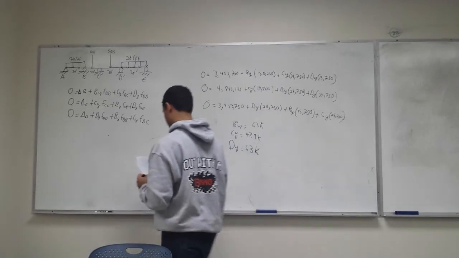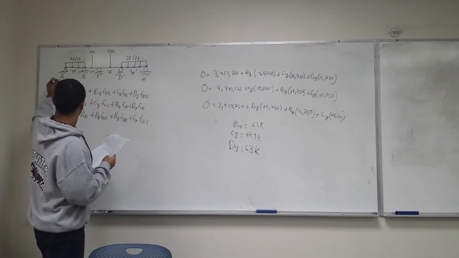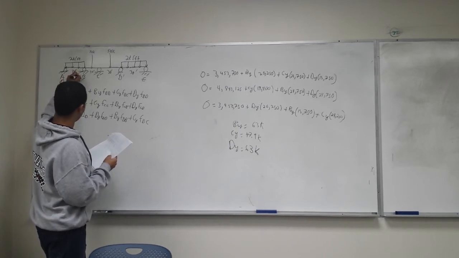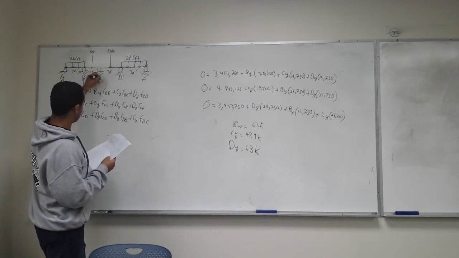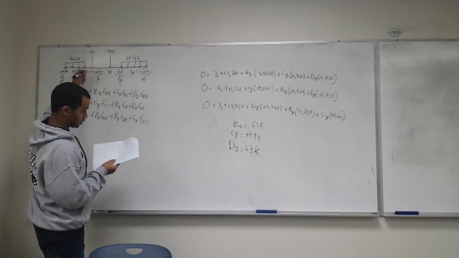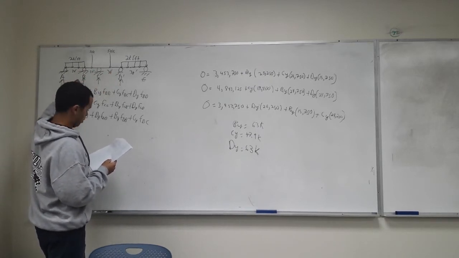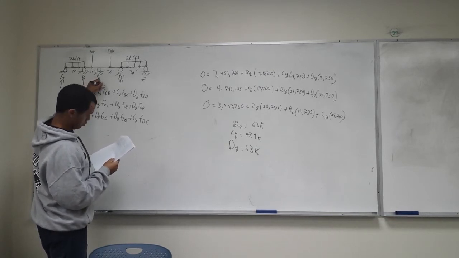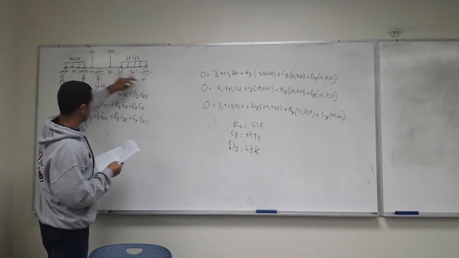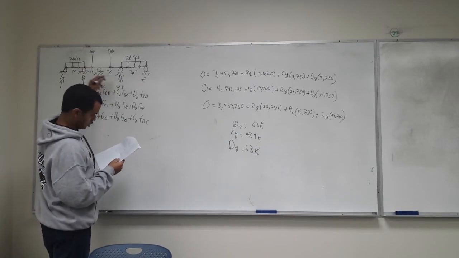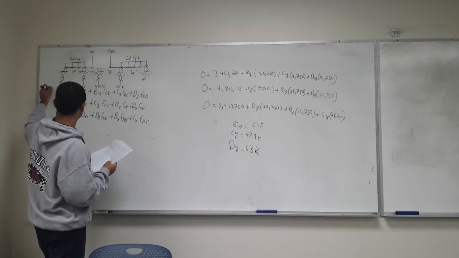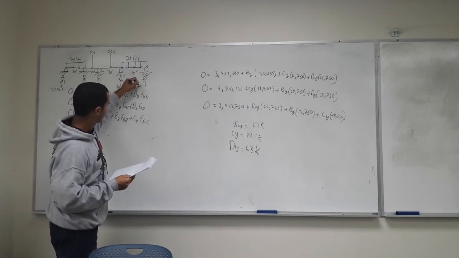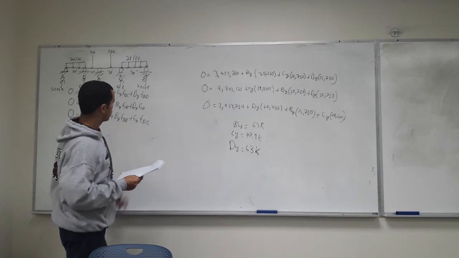So now we know all of our reactions, so we put them down over here. Since we know our reactions for B, C, and D, we can just do statics now to obtain these two external ones, which we found to be 23.05 K at the ends.